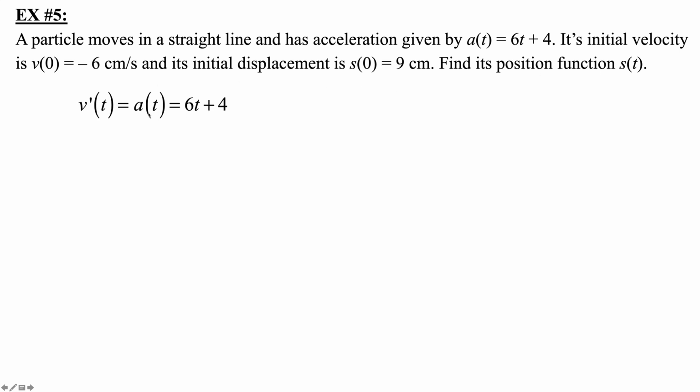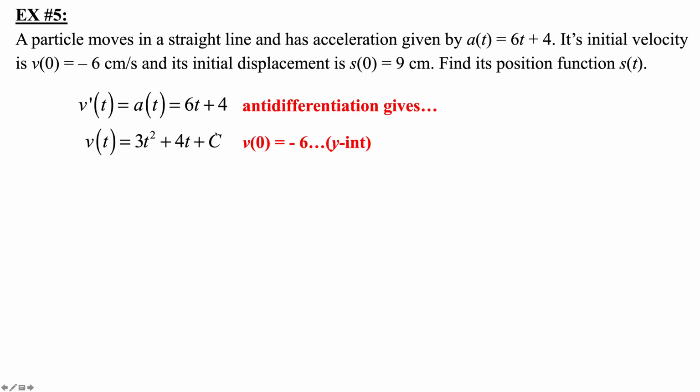All right, let's start with their acceleration, and let's move that up to the velocity function. So that's going to be t to the first, that's going to be t squared divided by 2, so 3t squared plus 4t. Then add your c, put in your v sub 0, so that's going to be minus 6. There's our velocity function. Let's do the antiderivative of this to get to s of t.